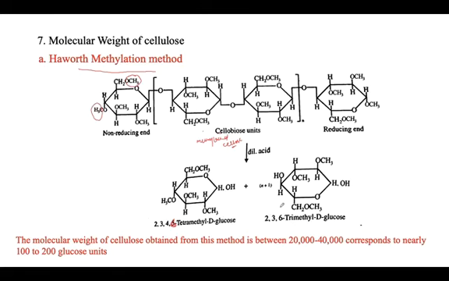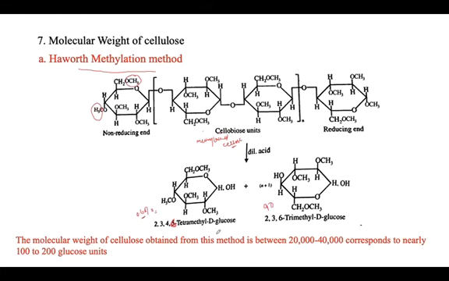So these are the different forms we are getting here. When we estimate the percentage of 2,3,4,6-tetramethyl D-glucose and 2,3,6-trimethyl D-glucose, we can say, as we said already, that the first is around 0.6% only, and the other is around 90%.